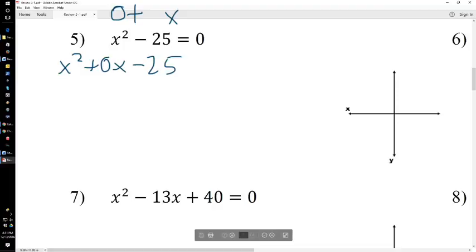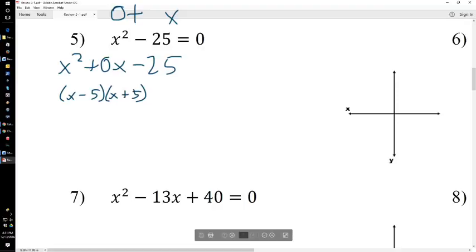You don't have to rewrite it like this, but that's what's going on. So in this instance, we're going to go x minus 5 and x plus 5, because those both multiply to negative 25 and add to 0. They basically cancel each other out at the same time. And again, you do not need to write this step. You just need to remember, if you've got two terms, that middle term is a 0.